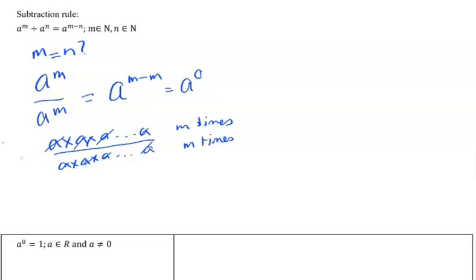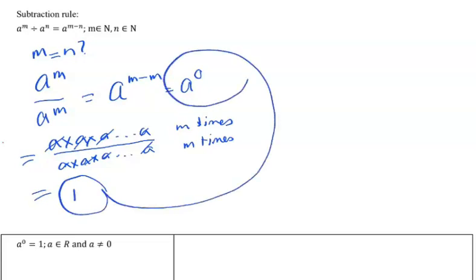So our answer will be exactly 1. So this one and that a to the 0 should give us the same answer. We cannot have two different answers from the same problem.